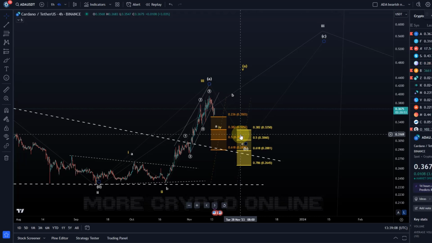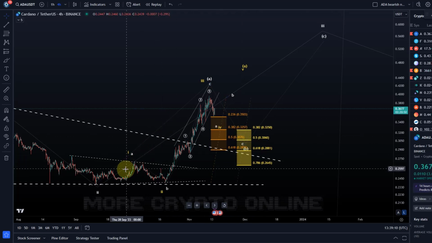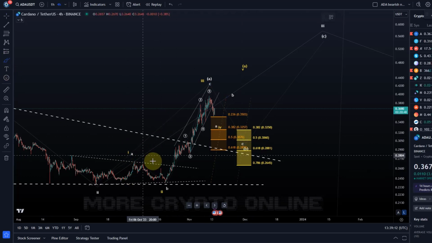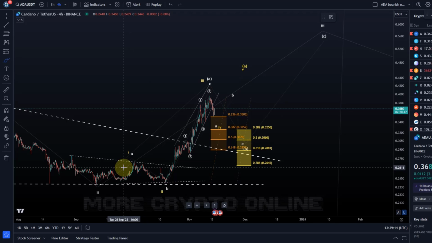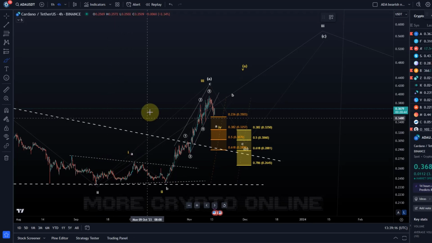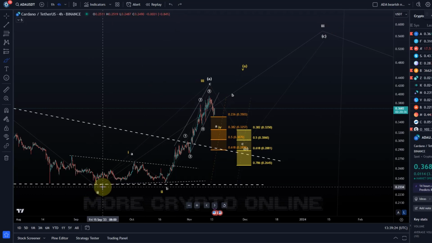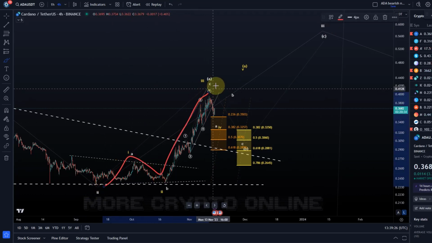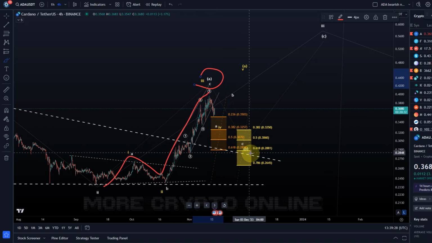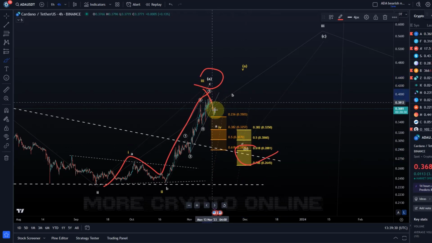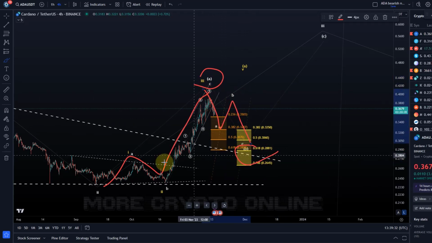So what we essentially are watching for here is in the first count, again, it's both part of the same wave structure, wave count. In both counts, we assume a third wave could be unfolding in a diagonal. Within this third wave, we either have an A, B, C structure in wave A. We're now coming down in a B wave pullback, which should be an A, B, C structure.